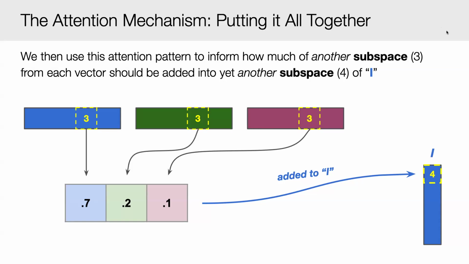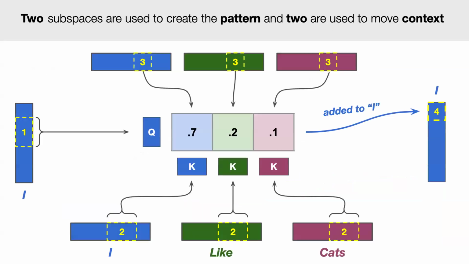So everything on this slide is what we talked about before we dived into the mechanistic explanation we just gave. To recap this whole process: we have two subspaces, subspace 1 and subspace 2, that are used to create the attention pattern.